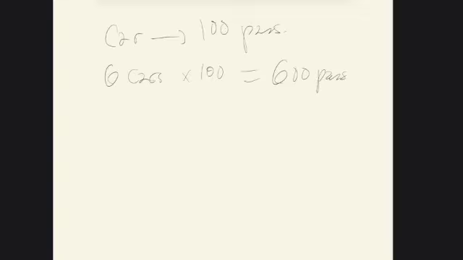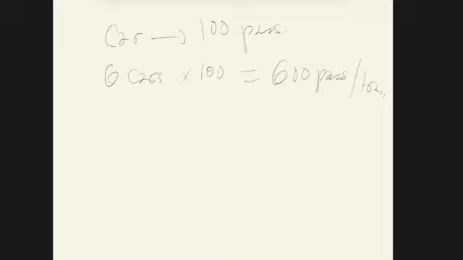Just for our mathematical example, let's assume that each car can carry 100 passengers. So 6 cars with 100 passengers gives about 600 passengers per train.